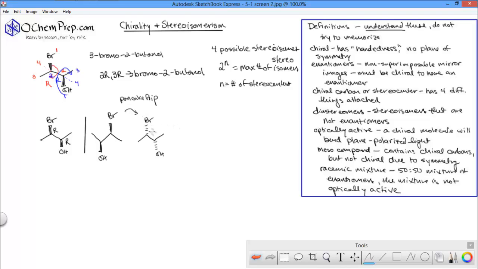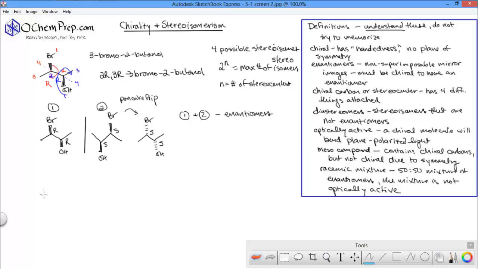So since these are completely opposite, this would be S, and this should be S. These two are the same compound. These two compounds, let's label this 1 and 2, 1 and 2 are enantiomers. They are non-superimposable mirror images of each other.